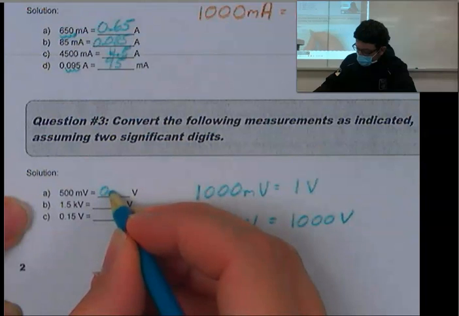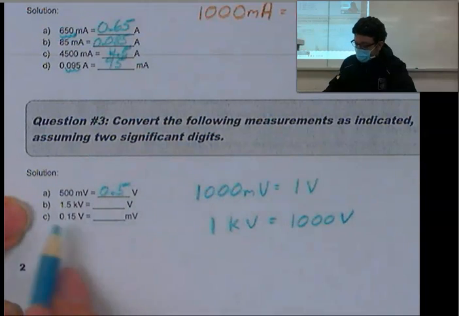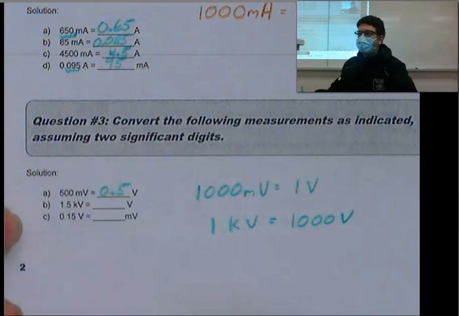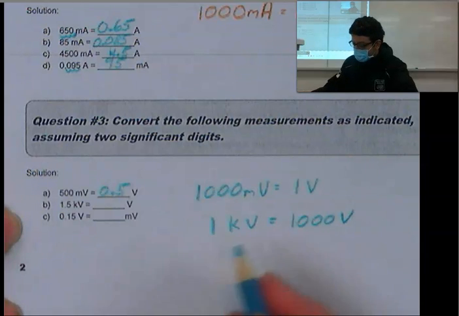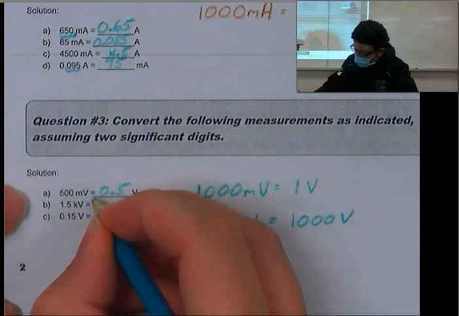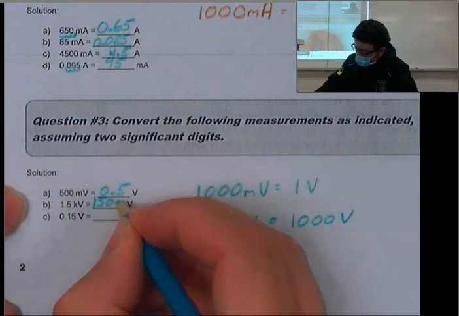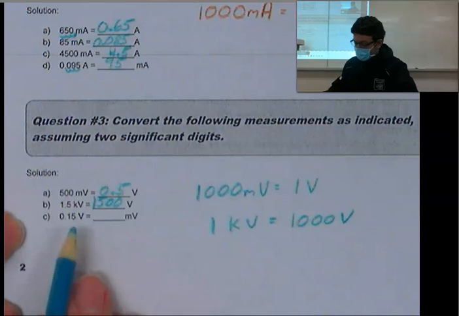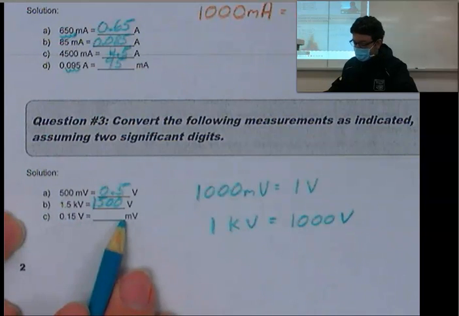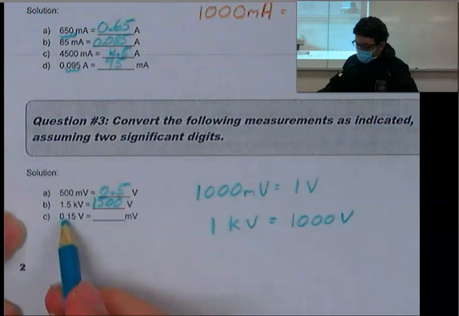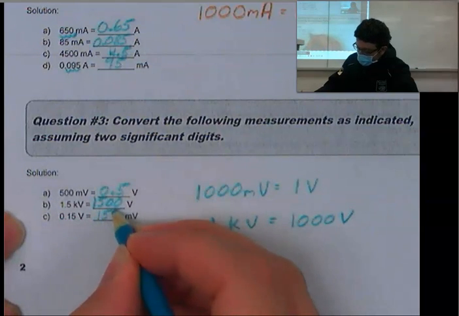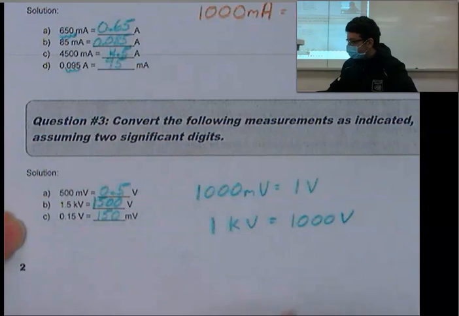We have 0.5 volts. But if you have 1.5 kilovolts, that's like saying 1.5 kilometers. How many meters is that? Well, 1,500. So how many volts is this? 1,500. Now the last one is going from volts to millivolts. We're going to move the decimal place to the right 3 spaces, and we get 150 millivolts.